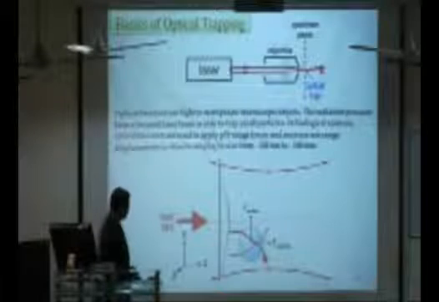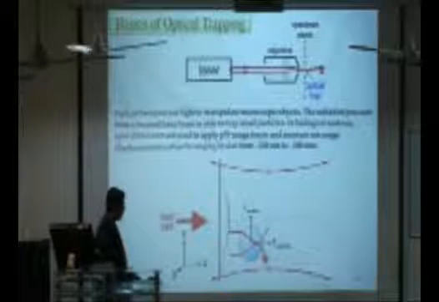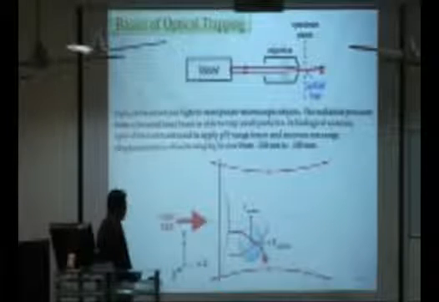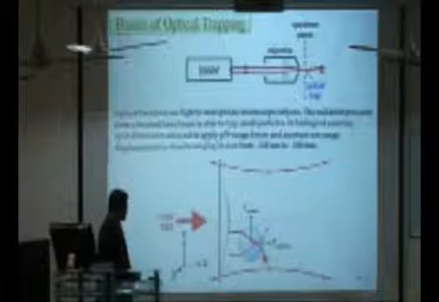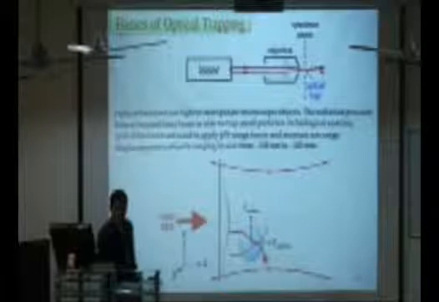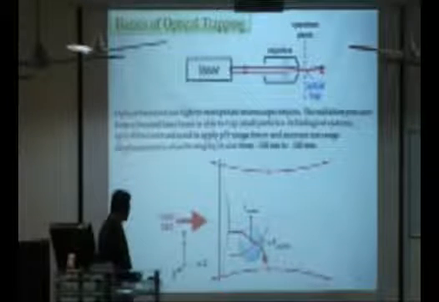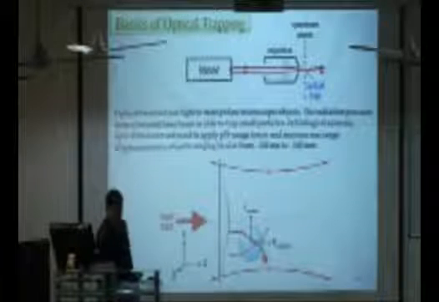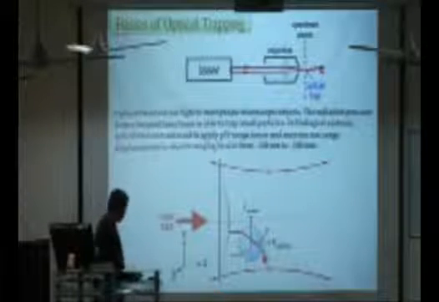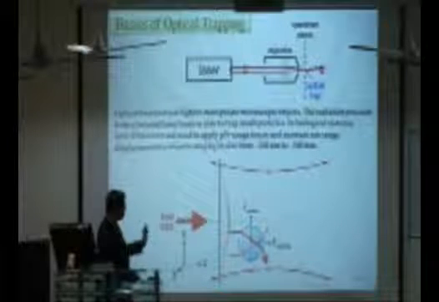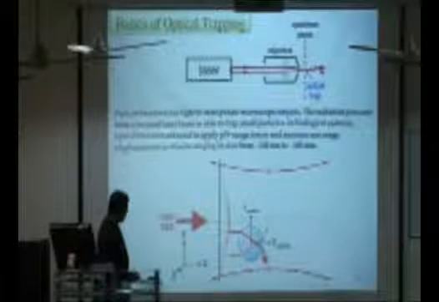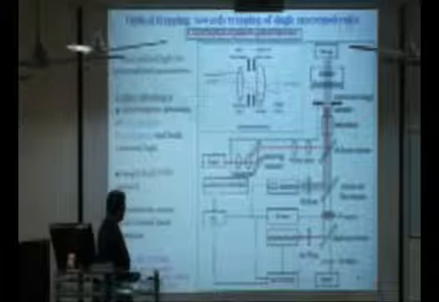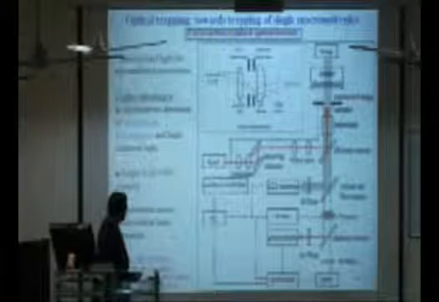Now, this is true for transparent as well as non-transparent conditions also, and in non-transparent conditions the equations are slightly different, but you can prove that even in those cases the same idea of having a gradient and the scattering force applies, except that the refractive index issues will be different. So whatever way it is, you will see that the particle will be forced to come close to the focal spot, and that is what is done in most cases.